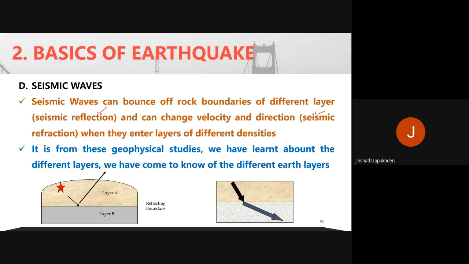We know about the different layers of the earth, the crust, the inner mantle, the upper mantle, etc., only from the study of seismic waves, not by drilling into the earth's core. We have never drilled into the earth's core. By studying the properties of seismic waves, we have learned about the earth's interior layers.